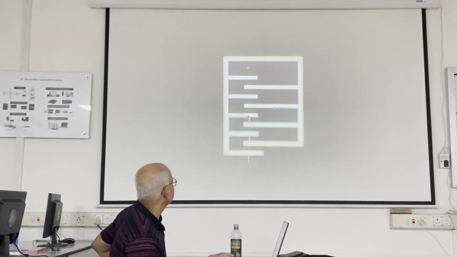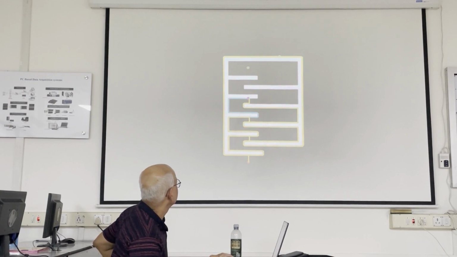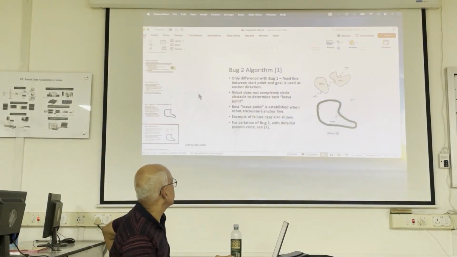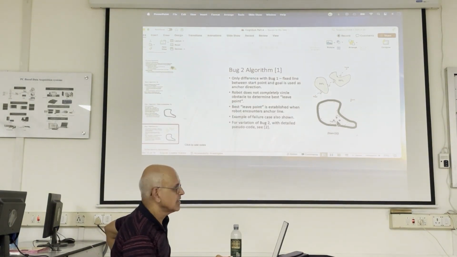Again, it's going to go left, right there, because that's what the rule says. Again, finally it's going to make it. And it's going to be a huge distance, I bet. 65 times, right? So bug 2 also has the unreachable case, similar to bug 1.